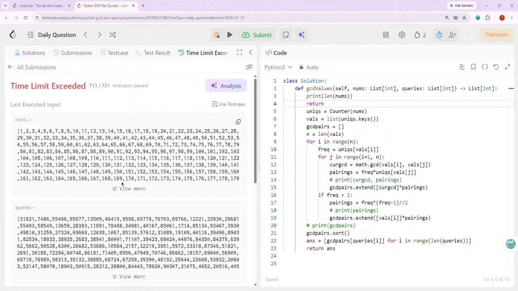What else could I do here? One, two, three. So how would I leverage the fact that it's sorted? One, two, three, four, five, six.